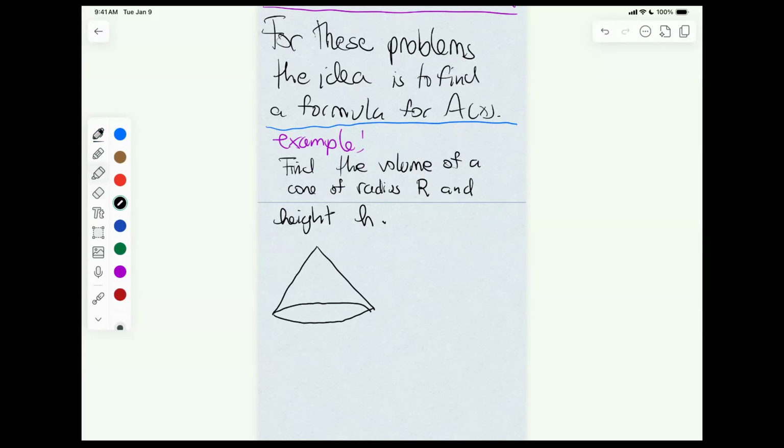So I'm thinking of a cone where the base of the cone is a disk of radius r. That's what the r here represents. And then the height of the cone is h. Okay, so we want to find the volume of that cone.